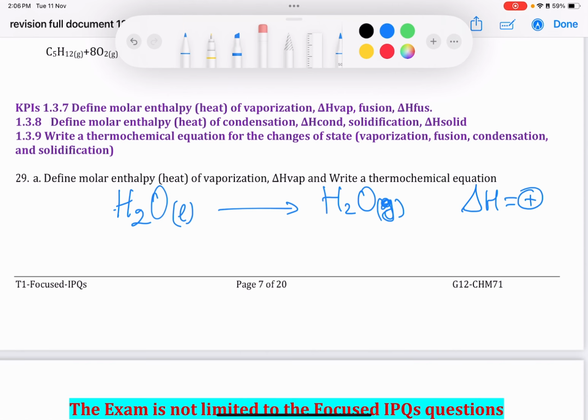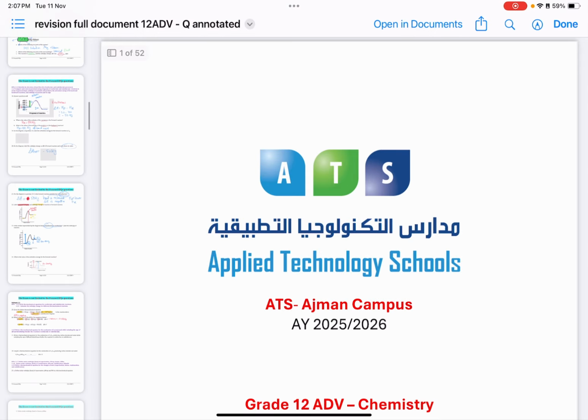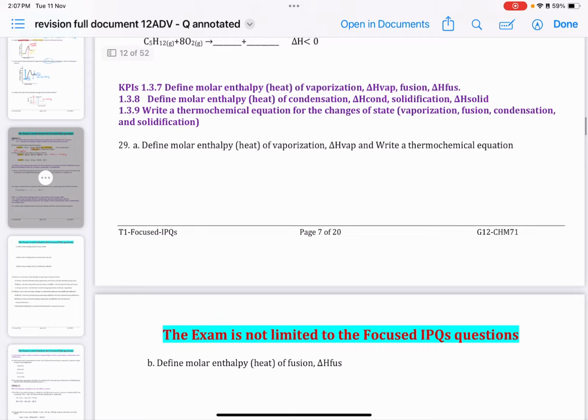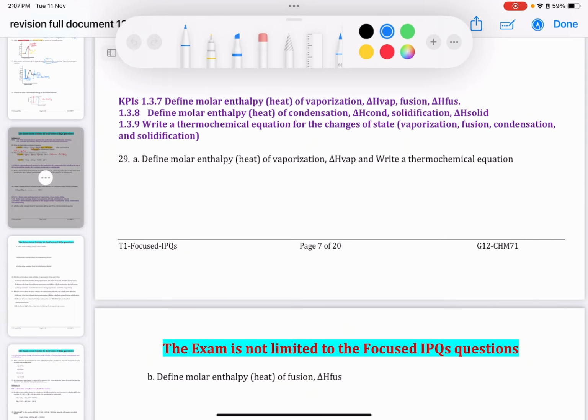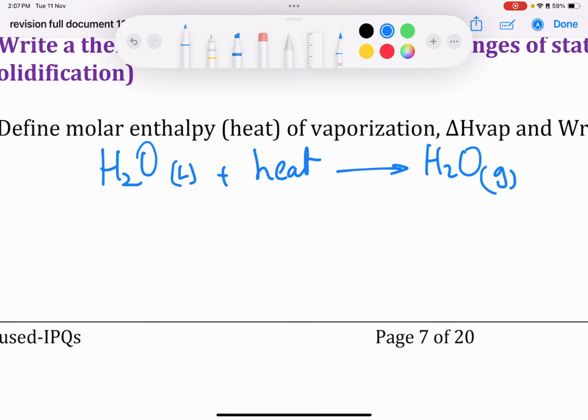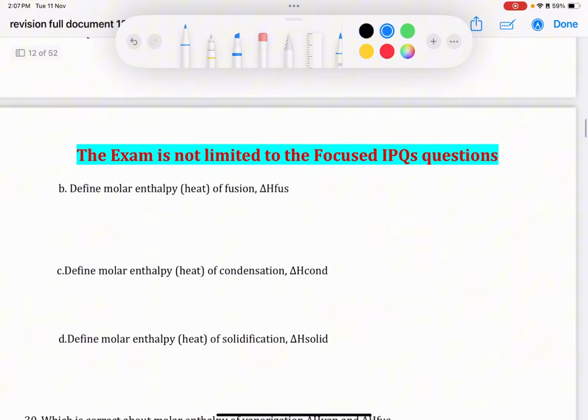Or you can simply write H2O liquid plus heat gives H2O gas. So this is the thermochemical equation.